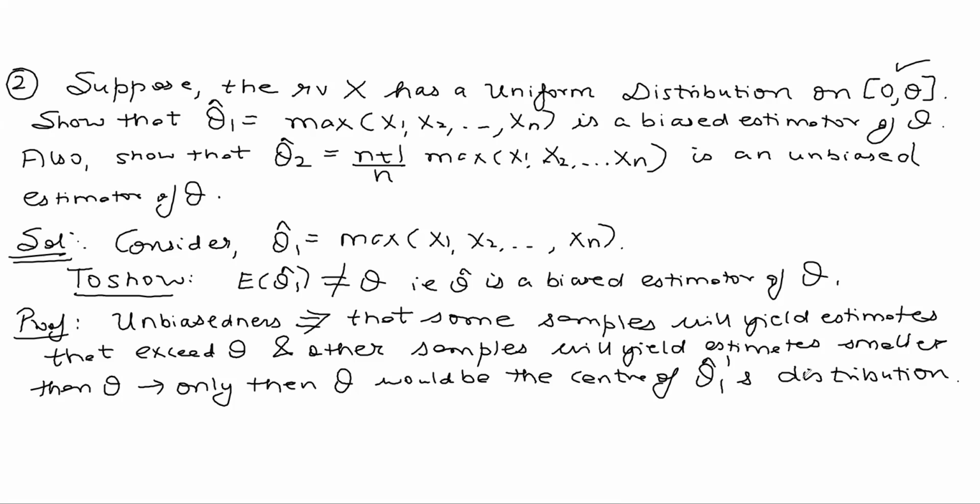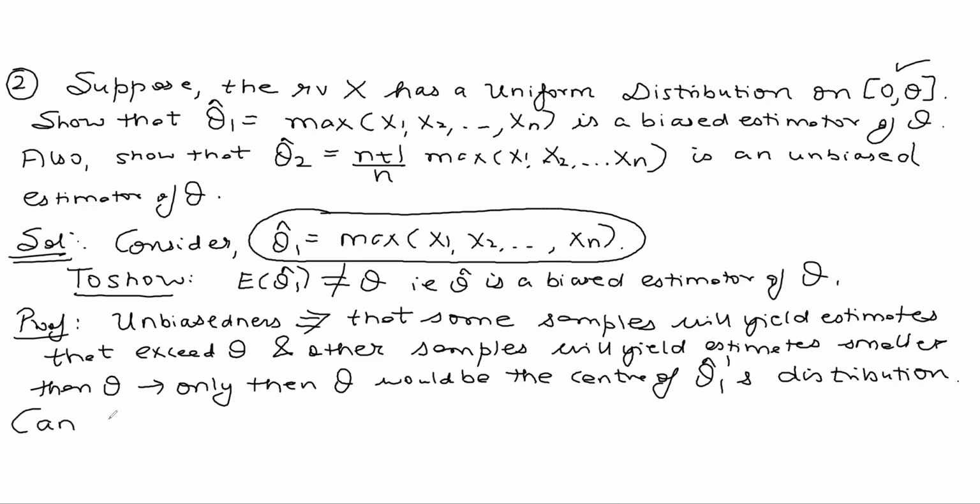But now I want to ask you one thing. Our estimator is theta 1 hat, which is max of x1 to xn. Will it ever overestimate theta? Answer is no. Can theta 1 hat overestimate theta?